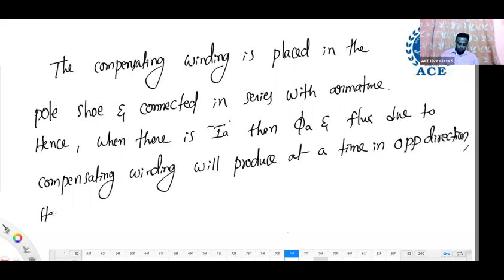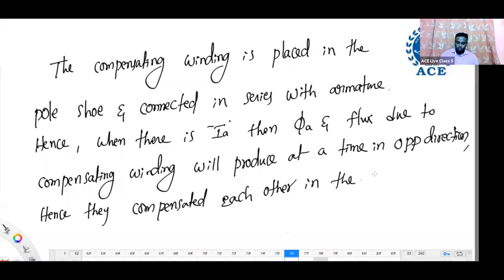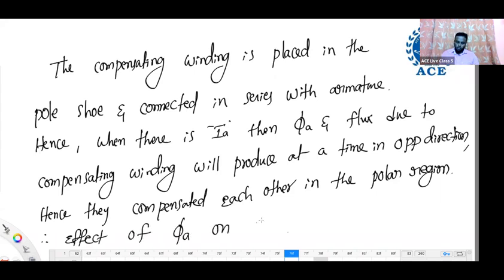Hence, they compensated each other in the polar region. Therefore, effect of armature flux on main flux reduces.